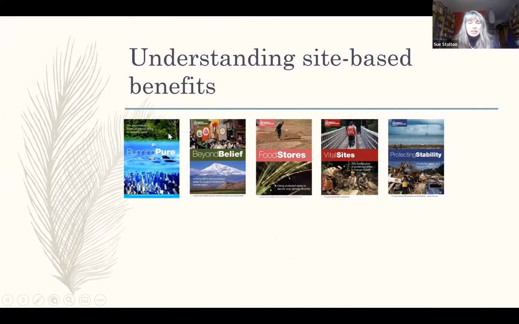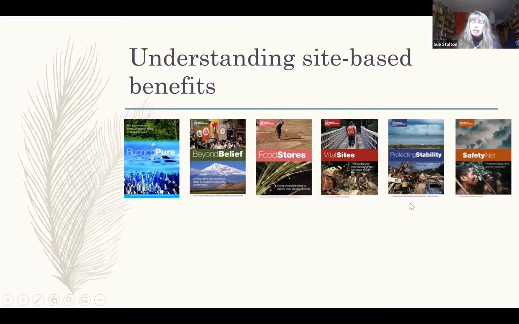And we looked at the provision of water, which was I think back in 2002, religious links to religious beliefs, to food, to health and well-being, and to disaster risk reduction. And then we came to trying to look at the wider economic and social benefits of protected areas, and found that it was quite difficult to get information in a consistent way to report.